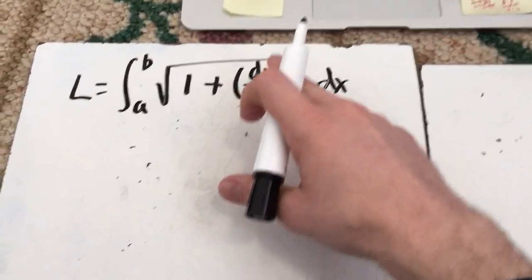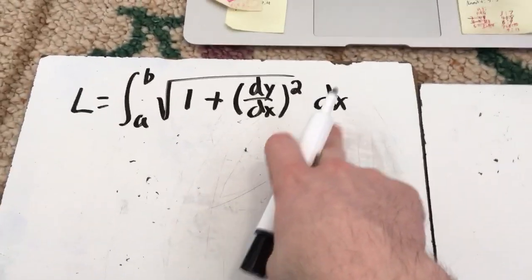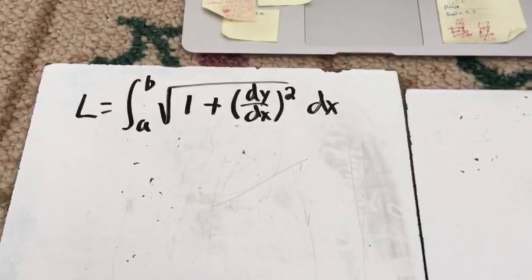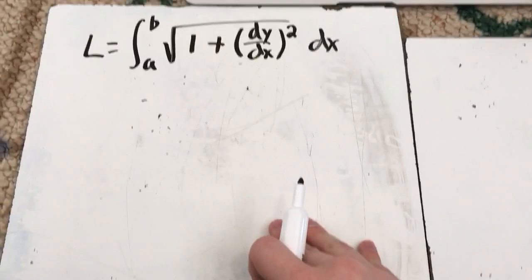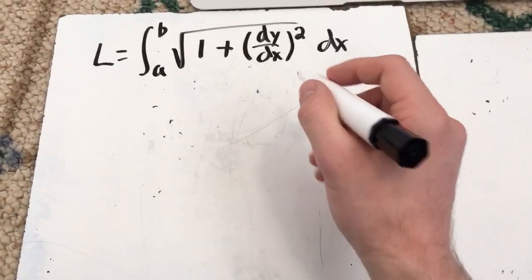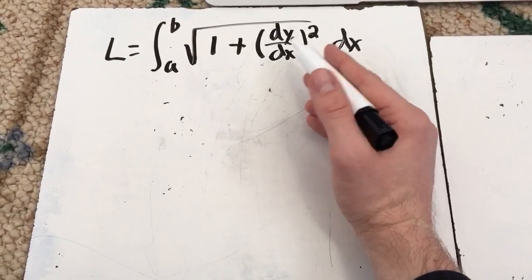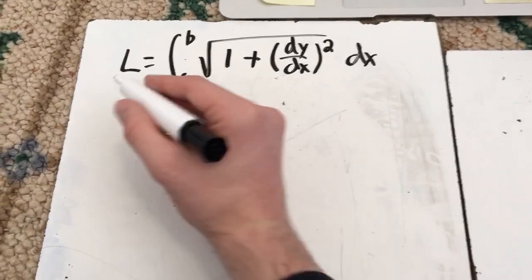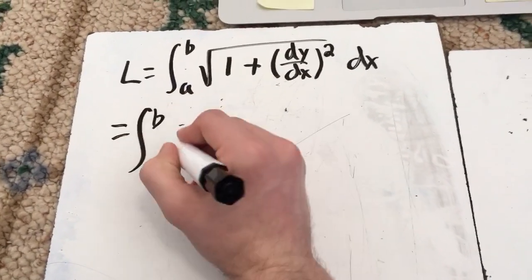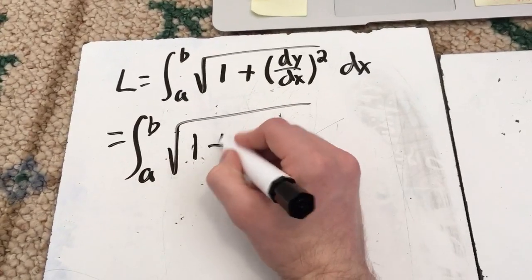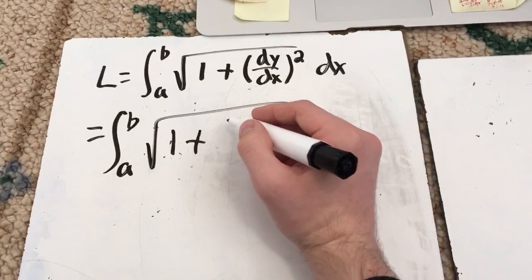We also said dx/dy squared dy, but we'll use this for now just to explore how to get the equation for the arc length of a parametric curve. So let's do a little bit of a math trick. Remember, as long as we can re-express things as 1, it's equivalent. So let's say that this is equal to the integral from a to b of the square root of 1 plus, and it'll look a little funny, but let's do it.